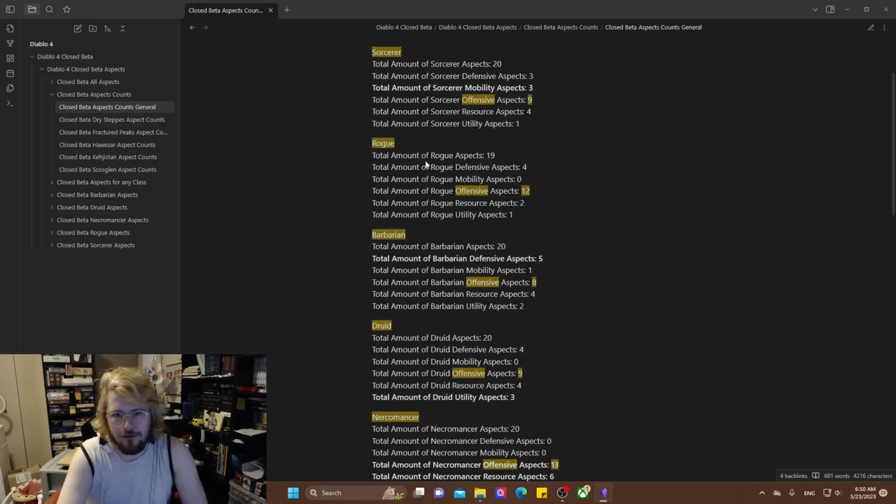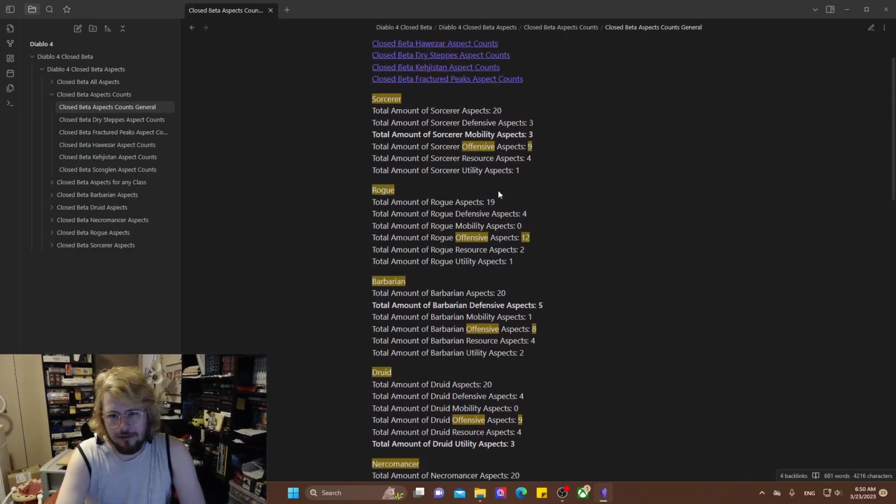The rogue has 19 total aspects, 4 defensive, 0 in mobility, 12 in offense, 2 resource and 1 utility. The rogue doesn't have a top aspect out of all the other classes in terms of having the most. They have the least amount of aspects, though only by 1.